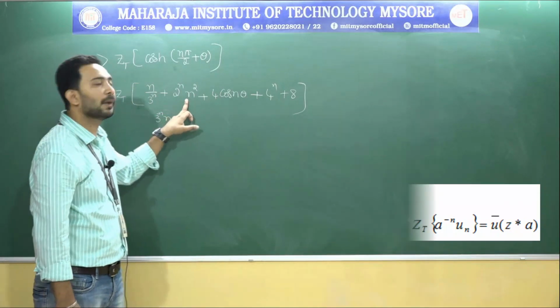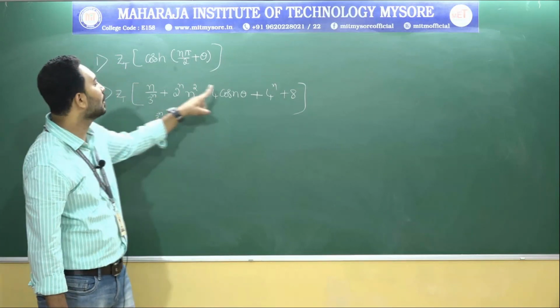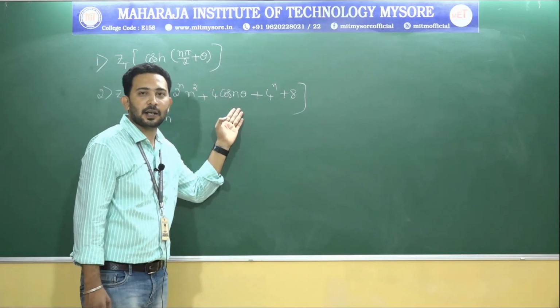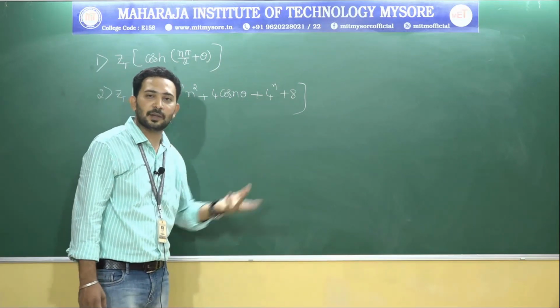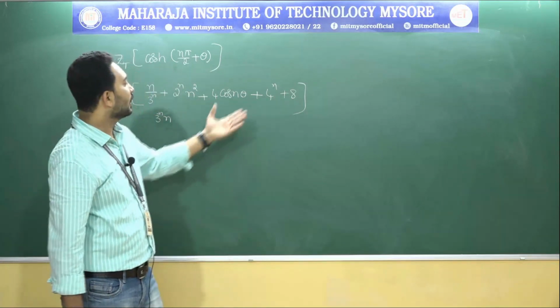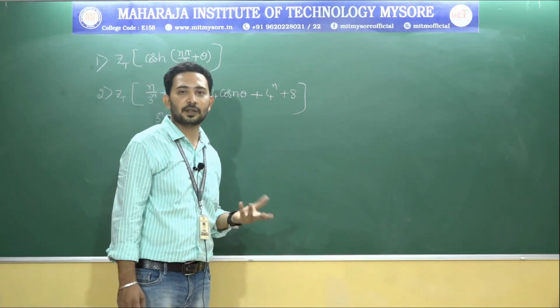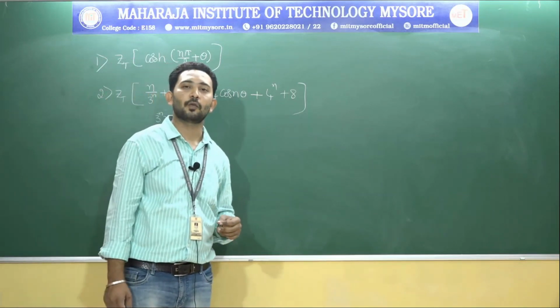So again apply the damping rule for the z transformation of n square, and directly you can write the z transformation of cos n theta formula. 4 power n is nothing but z divided by z minus 4, and the z transformation of 8 is constant, that is 8 into z divided by z minus 1.